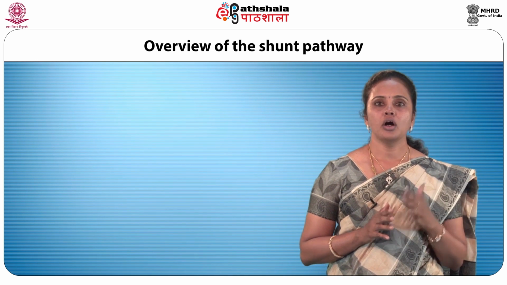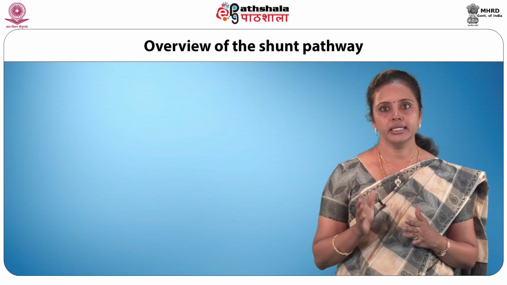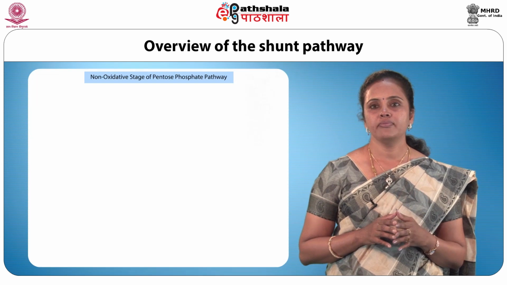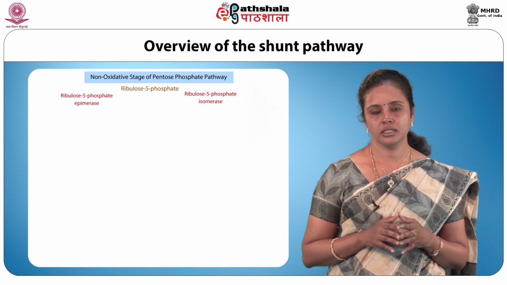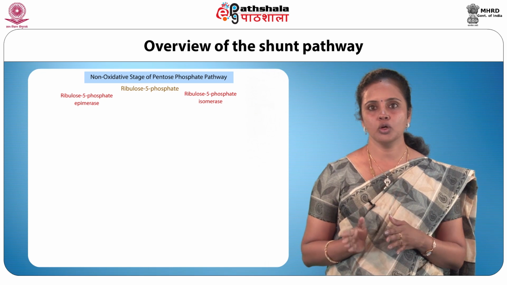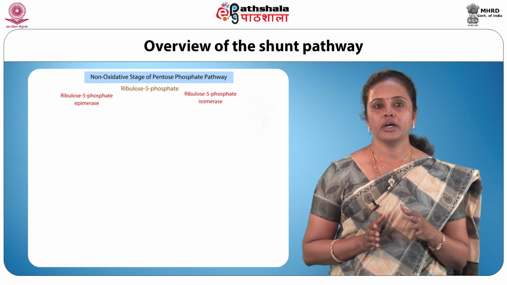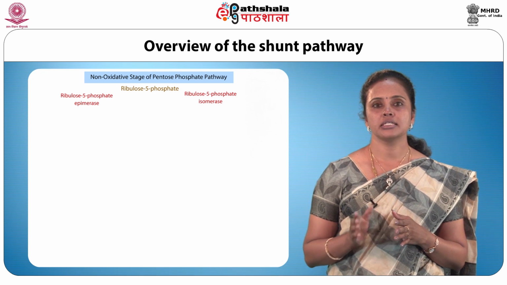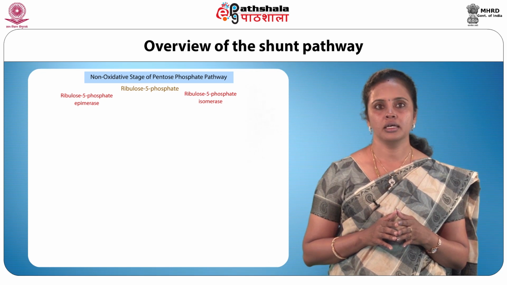Now, coming to the non-oxidative phase, here again the first step will be isomerization, that is the ribulose 5-phosphate will be isomerized to ribose 5-phosphate or may be epimerized to xylulose 5-phosphate.